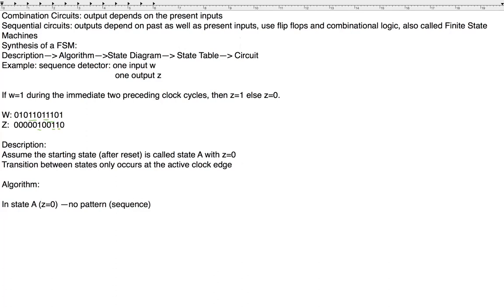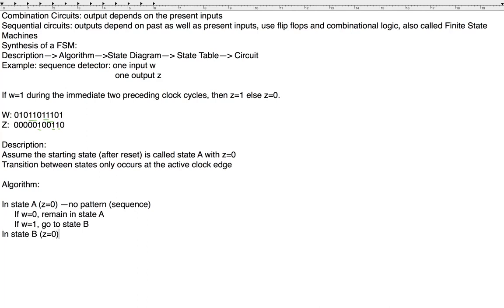And so within state A, if W is equal to 0, remain in state A. If W is equal to 1, go to state B. The reason being, state B is going to be the second check to see if it's another one. So in state B, Z is still equal to 0.